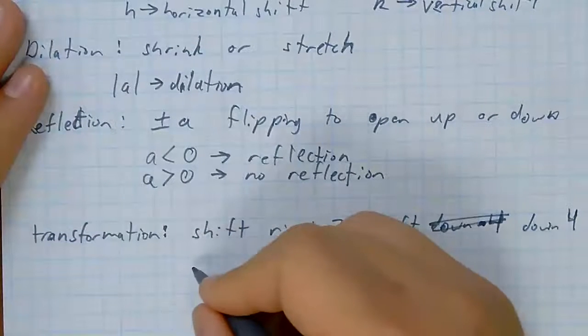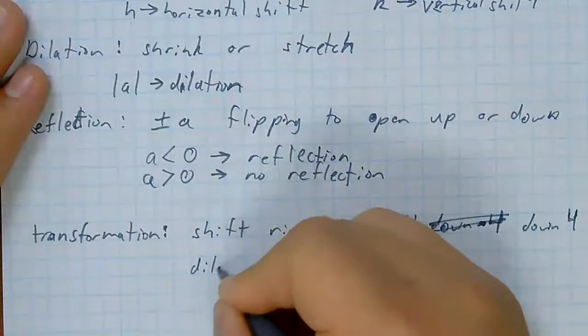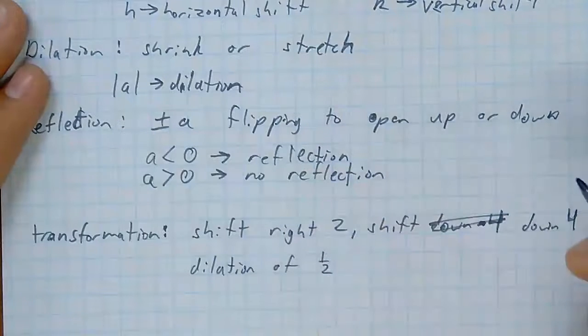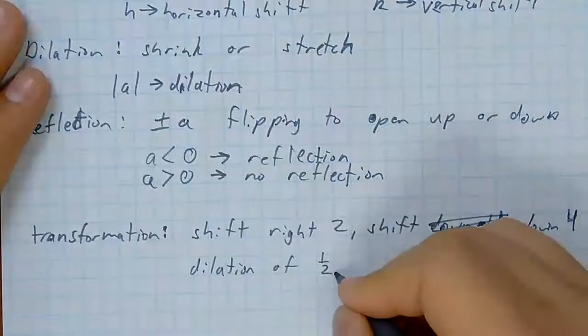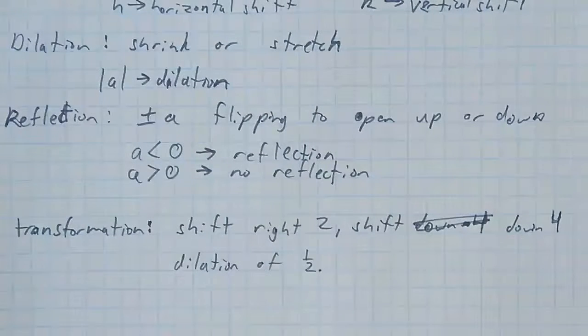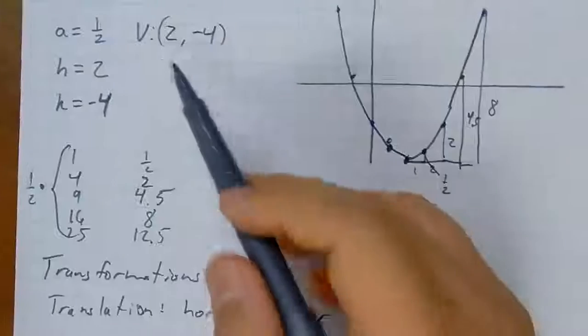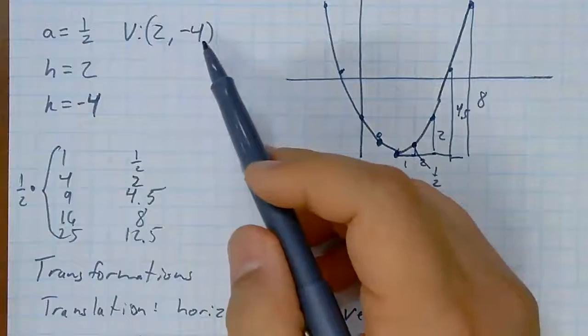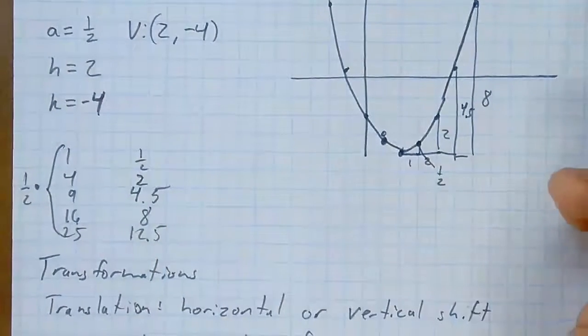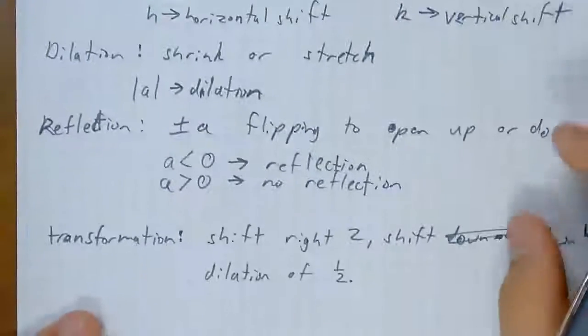We have dilation of 1/2. And there's no reflection, so we don't need to put anything. Okay. So in our previous example, we had a shift right of 2, down of 4, dilation of 1/2. Okay.